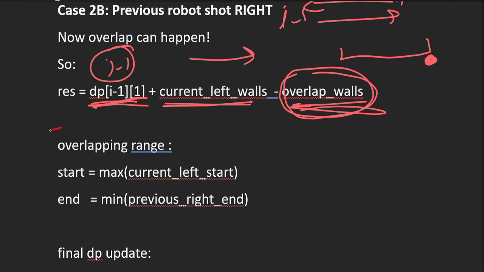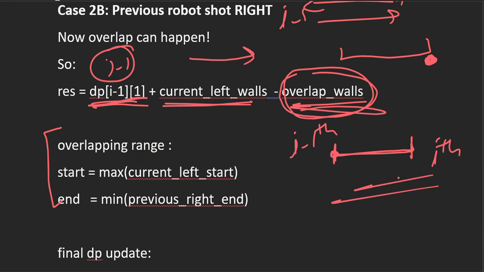Now how do we find the overlapping range, what is the range of overlap, of the I minus 1th robot and the ith robot? Suppose this is the range of the ith robot and this is the range of the I minus 1th robot.